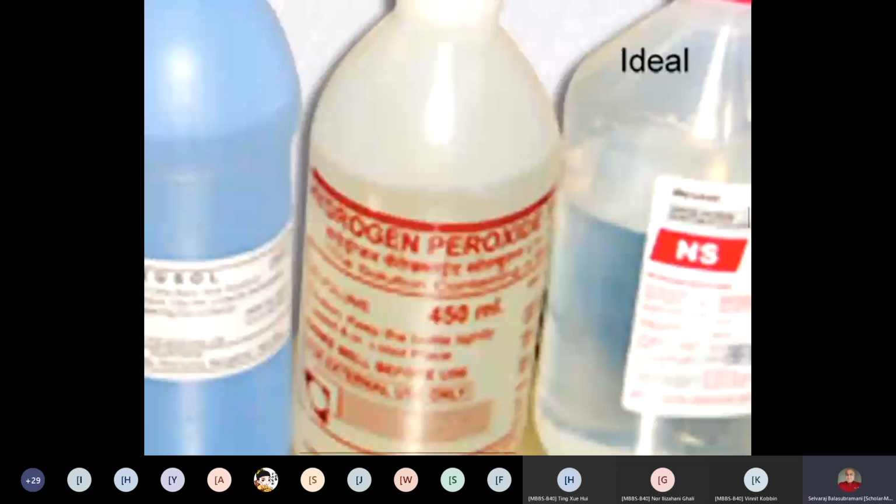If you pour hydrogen peroxide over the ulcer, what will happen? It will bubble up. You can see a lot of bubbles. If bubbles are coming in a liquid, what is that? Some gas is releasing. What gas is releasing if you are pouring hydrogen peroxide over the wound?